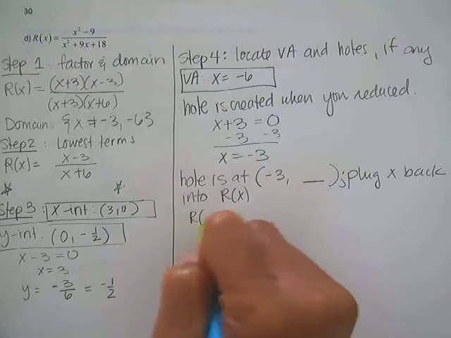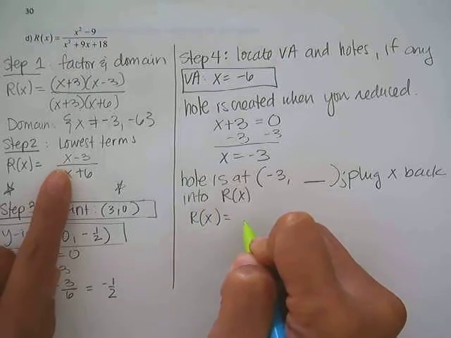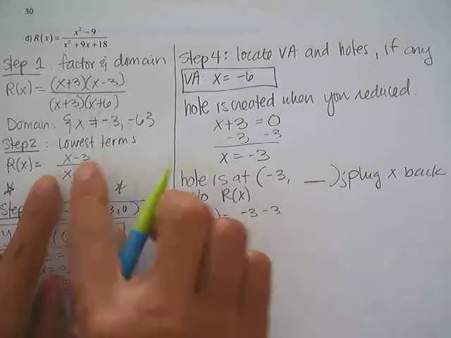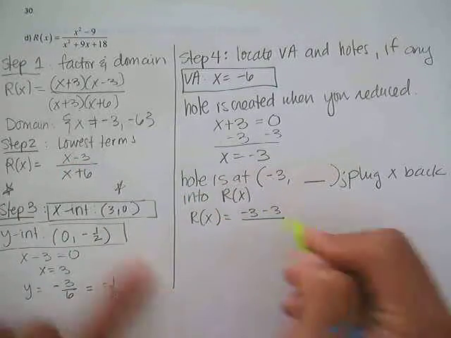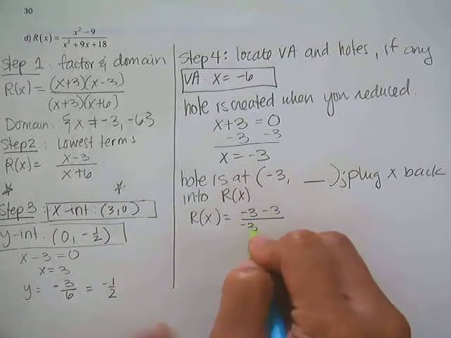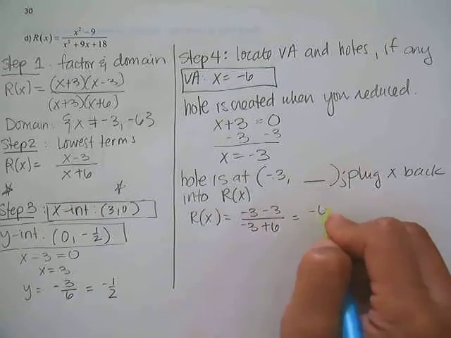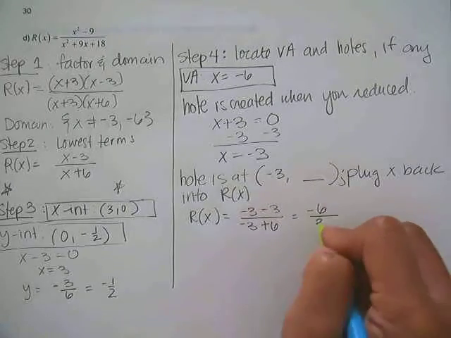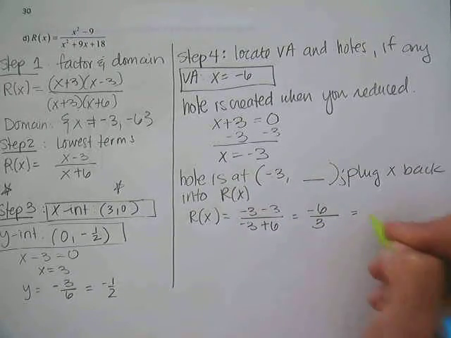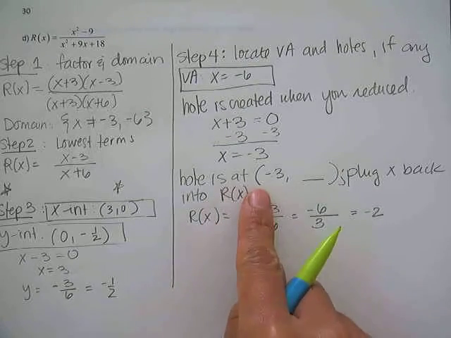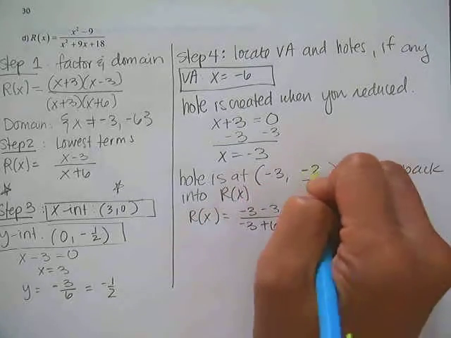So r of x equals -3, which is your x, minus what it had before, which is -3, over x is -3 plus 6. This is going to give me a -6 on the numerator divided by a +3, reduces down to a -3. So the hole is going to be at -3 comma -2.